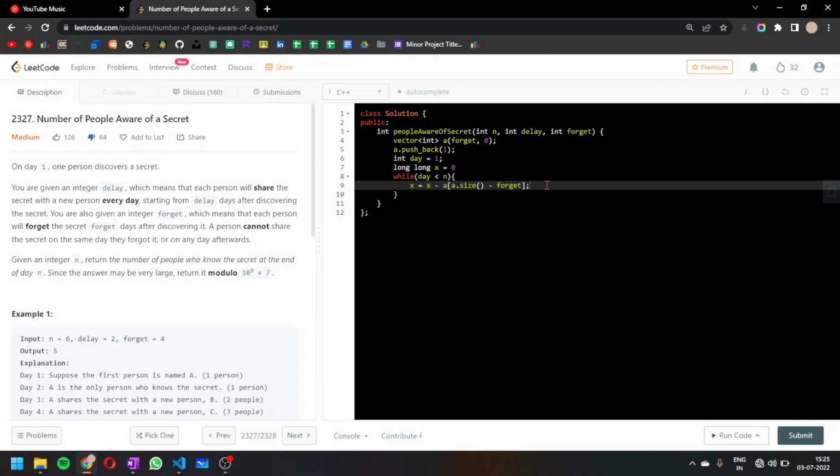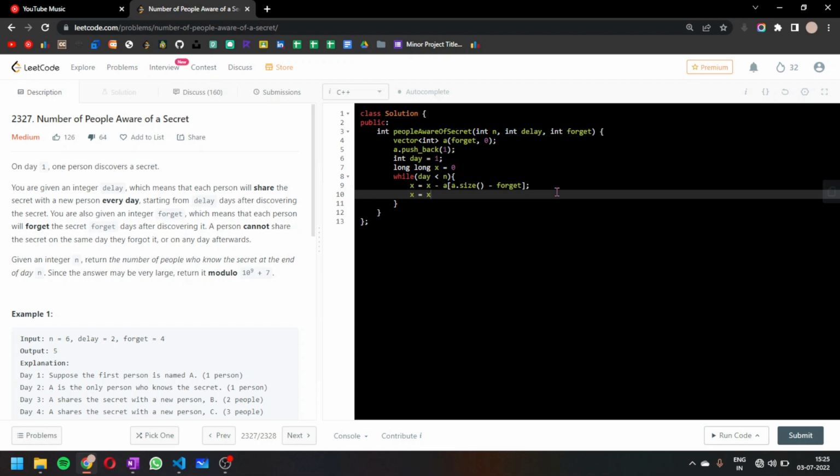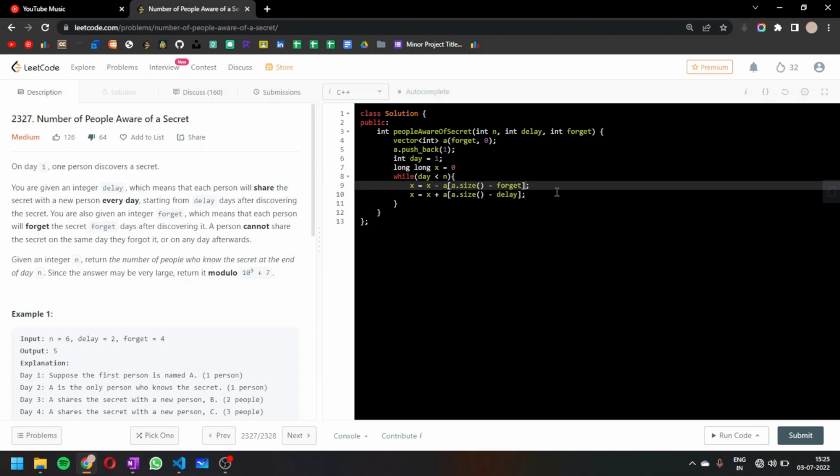So we have done this, then we can say that x equals x plus a of a dot size minus delay, minus delay. Also we can take a modulo here as well, such that it does not go out of the integer range.